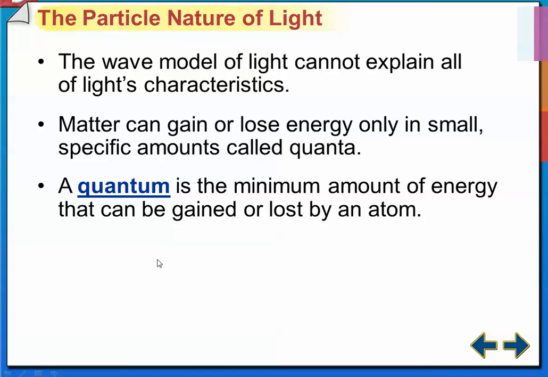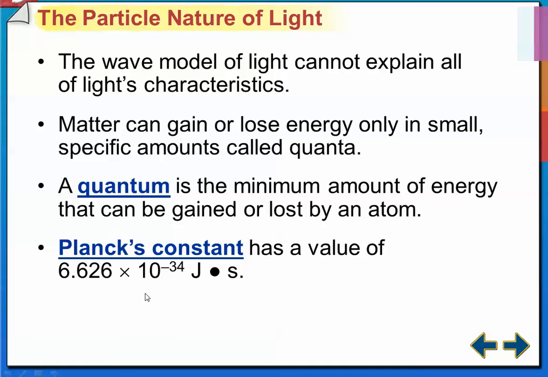But it's so small that it seems like a continuous gaining or losing of energy when we observe it, but it's actually gained or lost in very small quanta of energy. So Planck's constant has this really small value. This is joules, that stands for energy. It's times 10 to the negative 34, so hugely small. So Planck's constant is in joules times seconds.